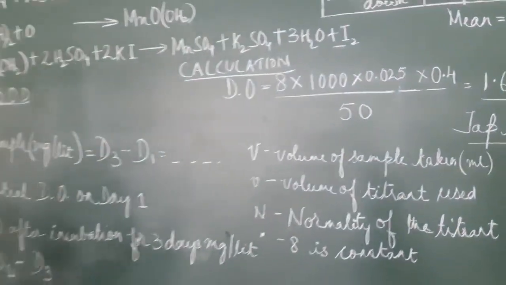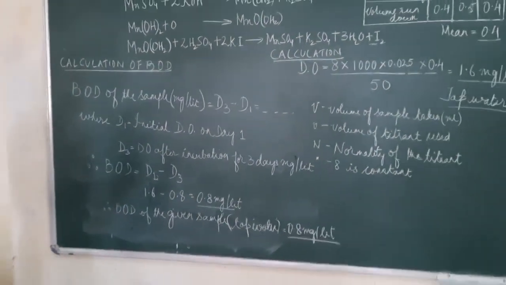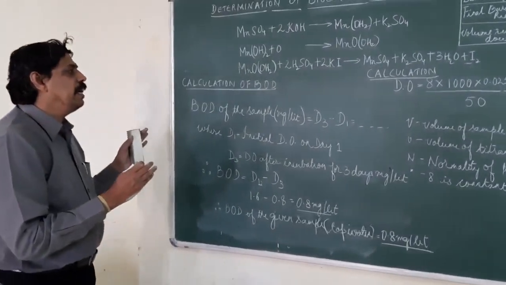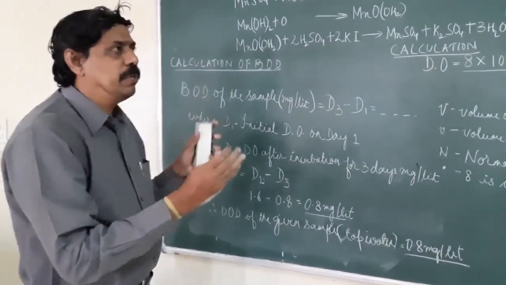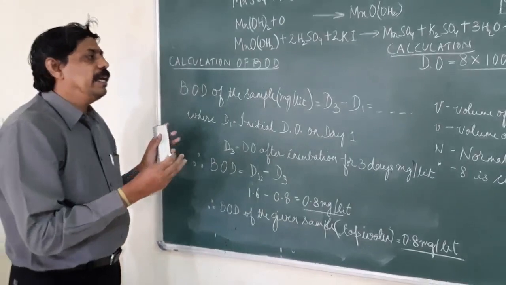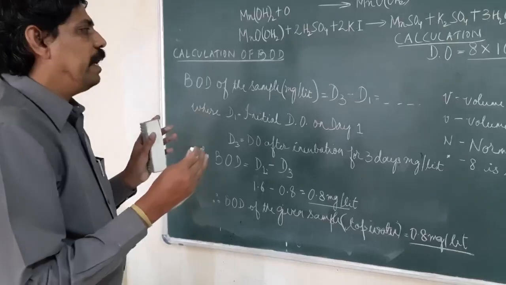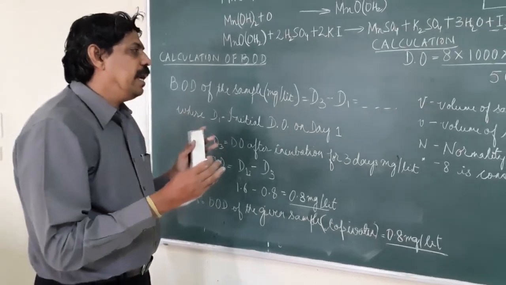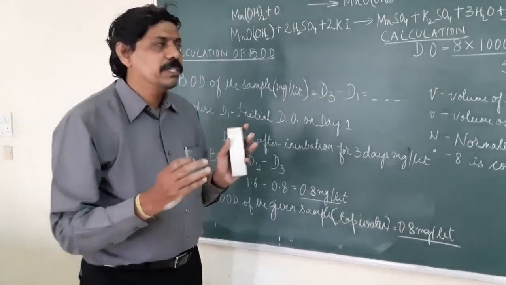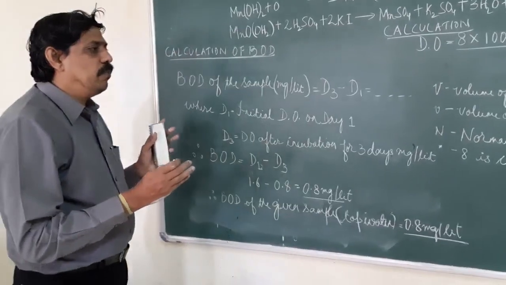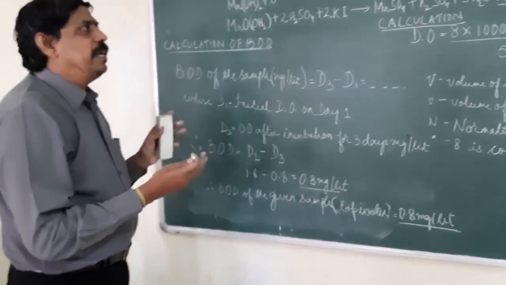For the estimation of the BOD, the sample which is incubated in the BOD incubator is taken at day 3, and then the same protocol is followed: taking the BOD bottle and adding 2 ml of the manganese sulfate solution, followed by 2 ml of the alkali azide solution, and then the precipitate is formed, and that precipitate is dissolved by using concentrated H2SO4, and then that is digested, and then that sample is taken for the estimation.